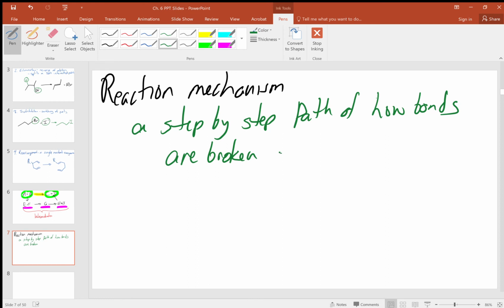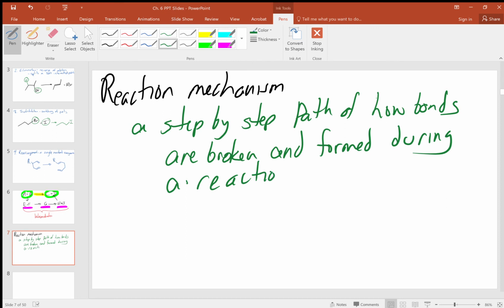So how bonds are broken and how they're formed over the course of a reaction, including all of the intermediates.